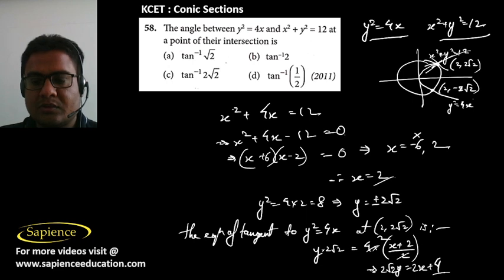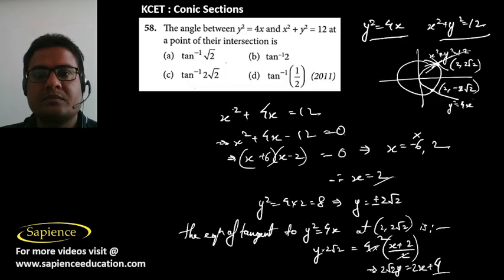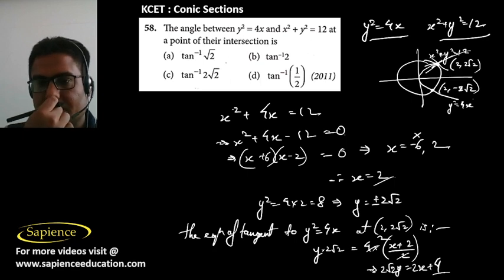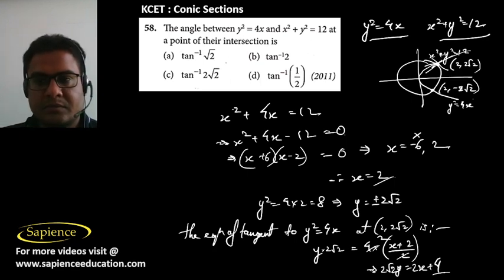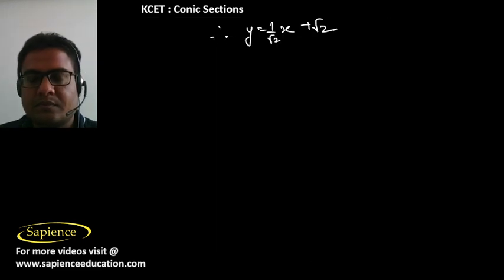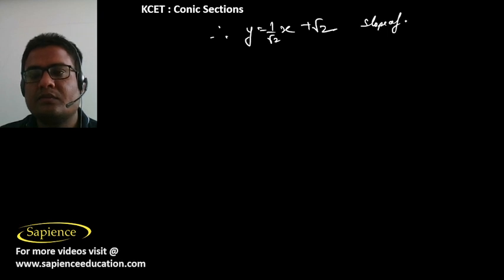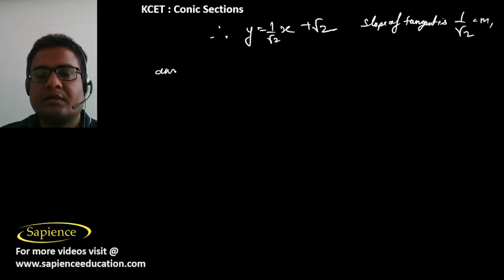Therefore the slope of the tangent is 1 by root 2. I can take it as m1, suppose.